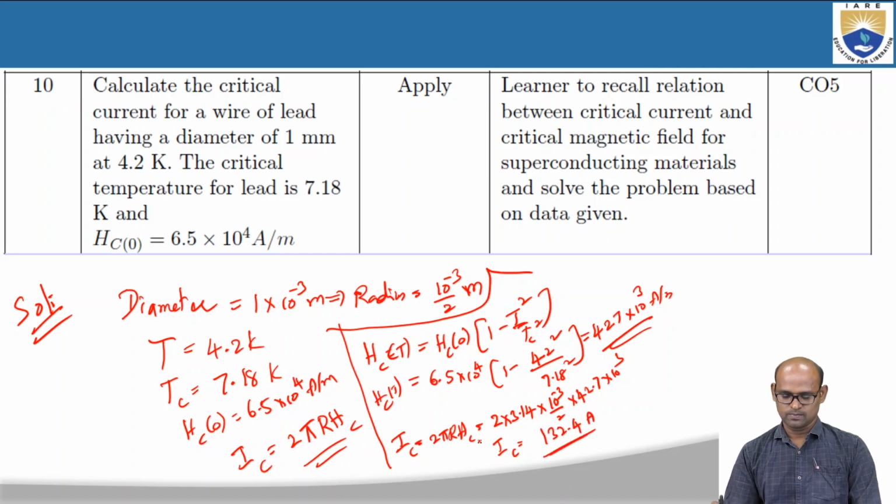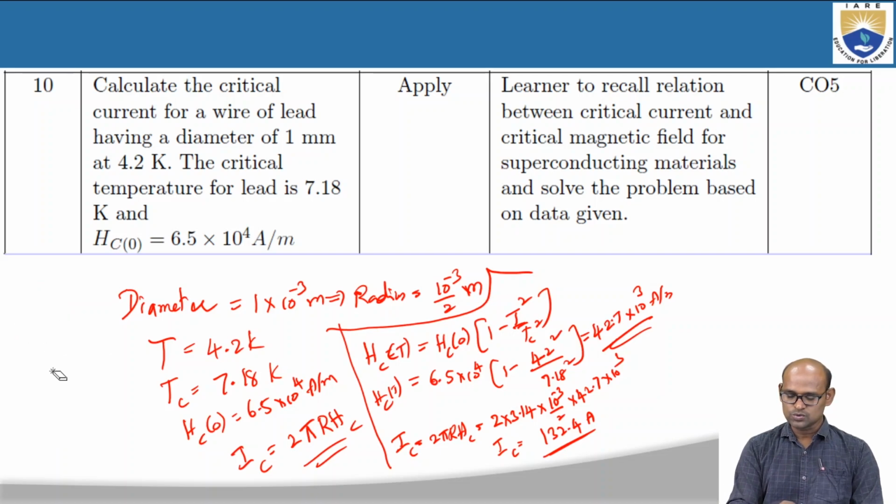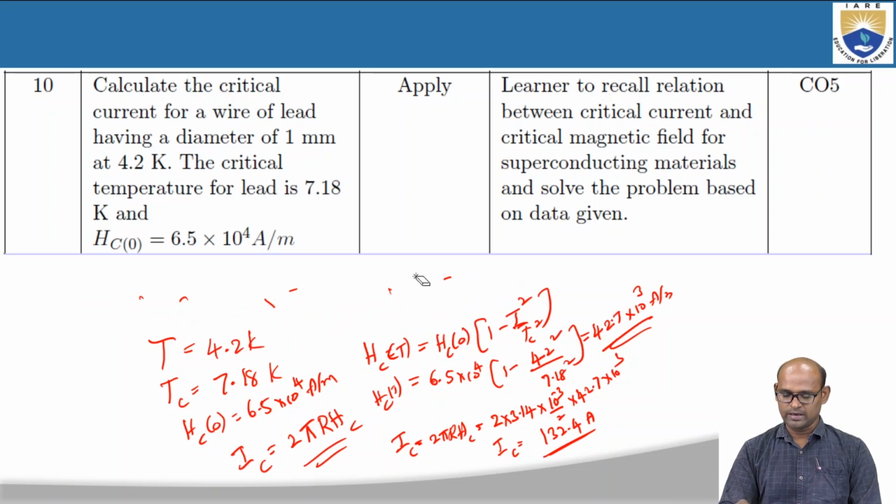So we have calculated the critical current. First we calculated the critical field, and once we had it, we substituted it in the current equation to get the critical current.